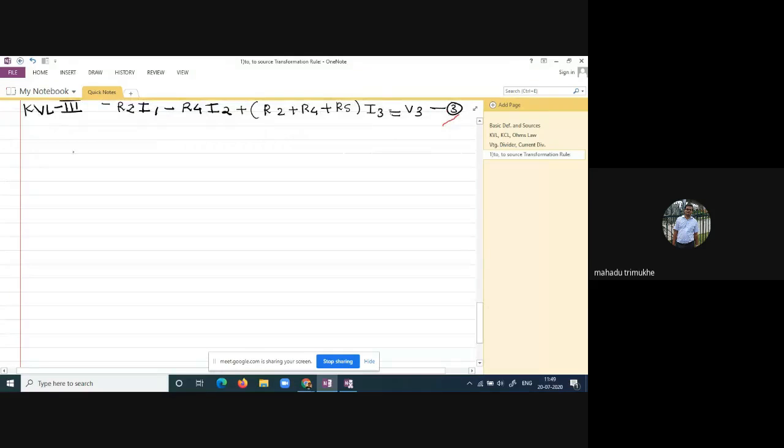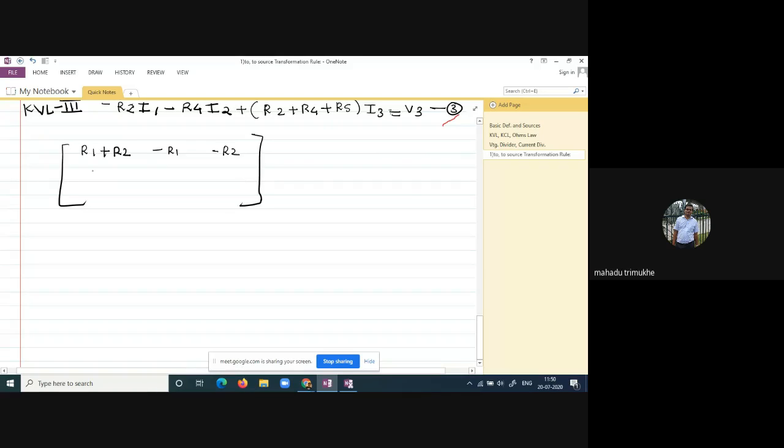We are writing I1 is what? R1 plus R2, first equation. I2 is what? Minus R1. And I3 is what? Minus R2.